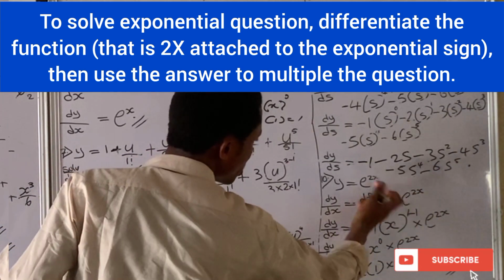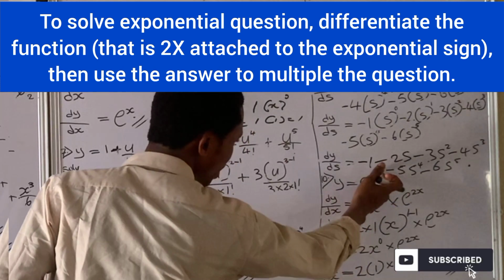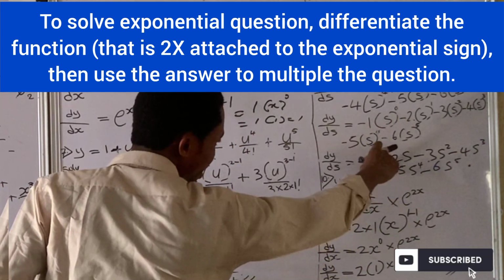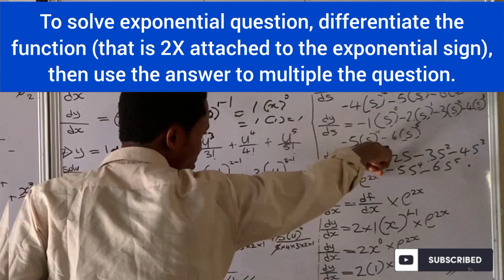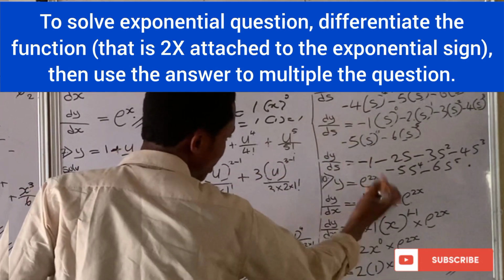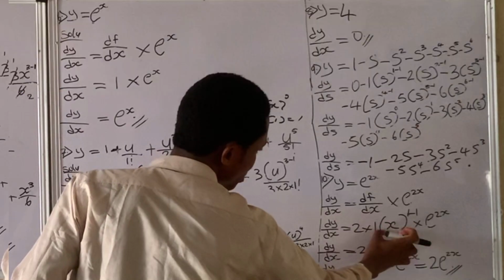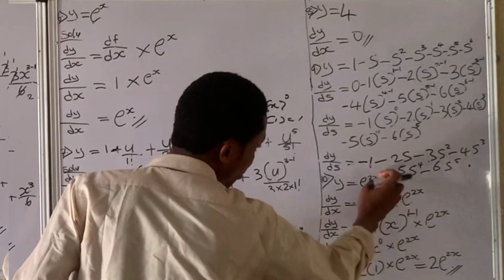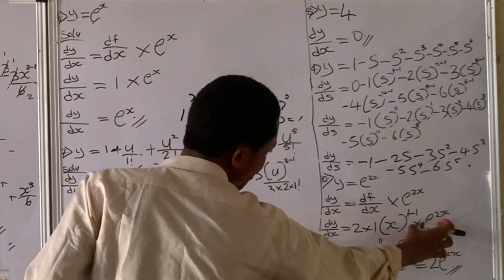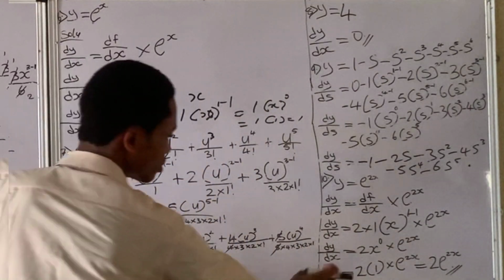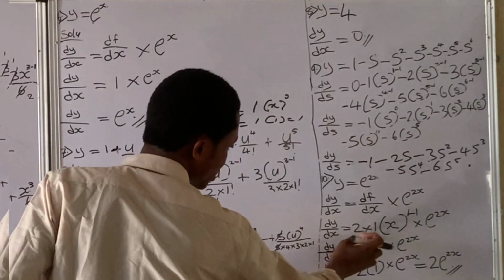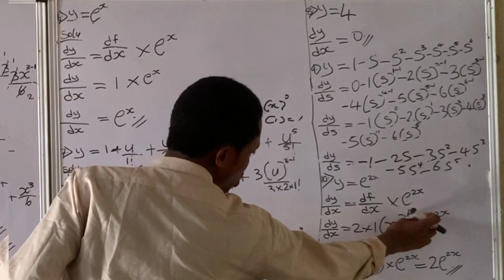Now, this 2x, remember there's a power at this x here, which is 1. Now, 2 times the power we brought down, which is 1, the variable x, minus 1 from the power, 1 minus 1, times the exponential 2x. dy/dx, 2 times 1 gives you 2, 1 minus 1 gives you 0.